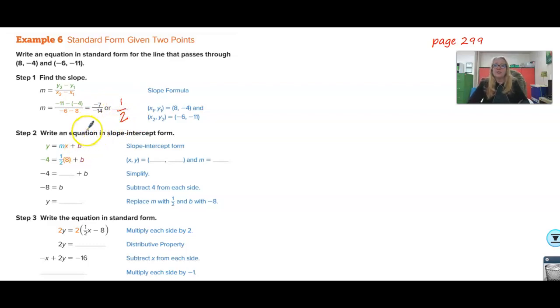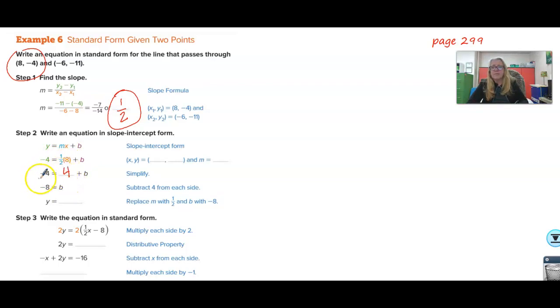Then you're going to write the equation in slope-intercept form. Pick a point. They went with this one. And here's our slope. You plug this into the slope-intercept form. The y-coordinate was negative 4. The slope is 1/2. The x-coordinate is positive 8. And we're trying to find the b. Well, we have negative 4 equals half of 8, which is 4, plus b.